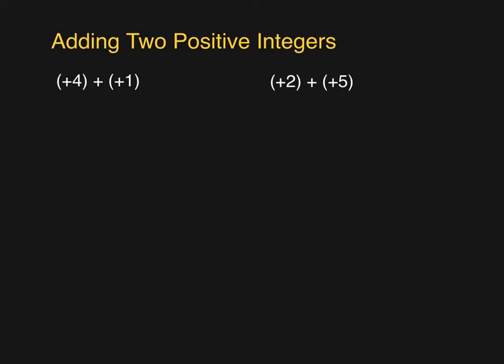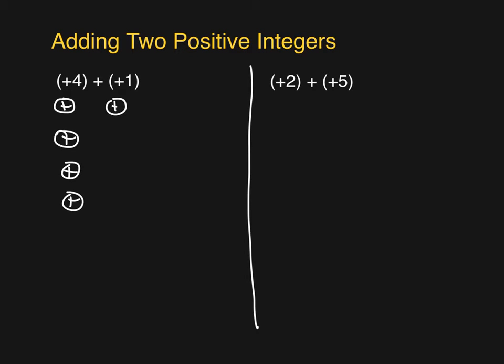So let's go ahead and get started adding two positive integers. More than likely, you already know the answer to both of these problems, but we need to make sure that we apply our rules. So we're going to say, okay, there's 4 positive chips, so that's 1, 2, 3, 4 positive chips, plus 1 positive chip.